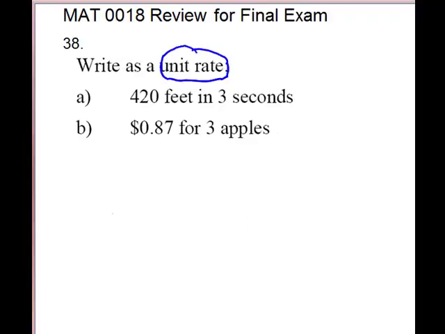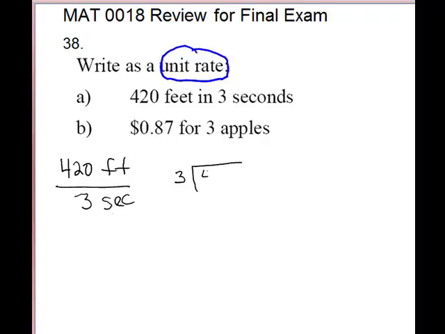38 we're going to write as a unit rate. Unit means 1, so we're going to divide these out and it will be for 1 unit. So first for A, we will write it as a rate. This would be 420 feet in 3 seconds. Because it says the word unit, we're going to divide it out to have a denominator of 1.